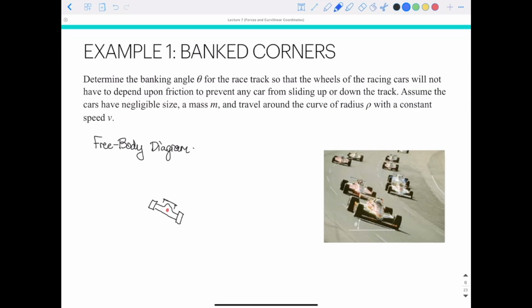So our forces acting on the car will be our weight. And that's going to be acting right through the center of gravity, and that would be equal to mg. And then the other force we have acting on the car is our normal force.